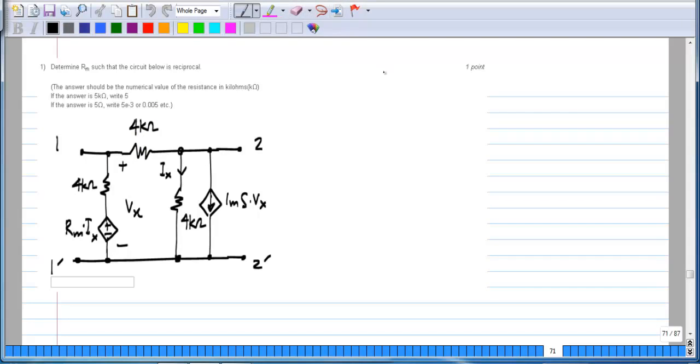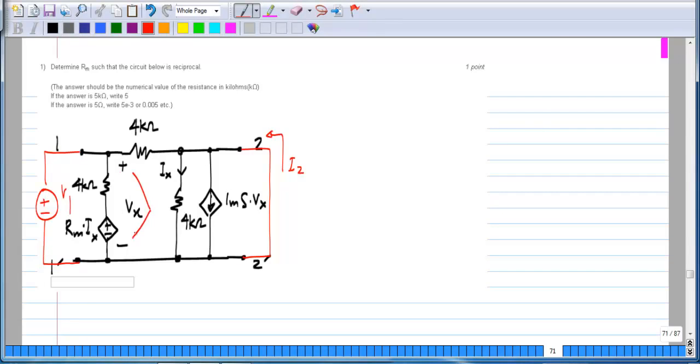Okay. So first, let's say we determine y21 by connecting a voltage source V1 and finding the current I2 with port 2 short circuited. So now this turns out to be quite easy.